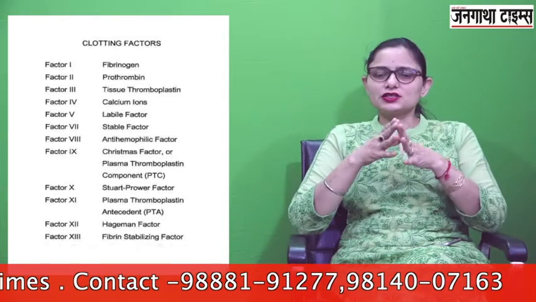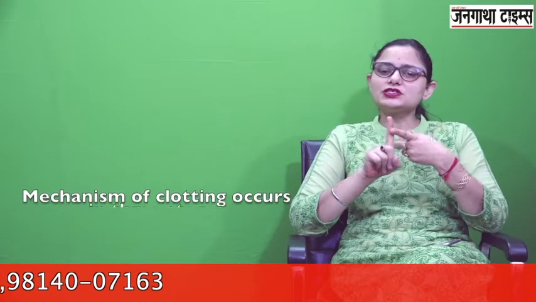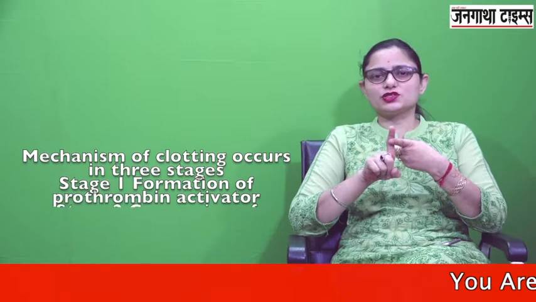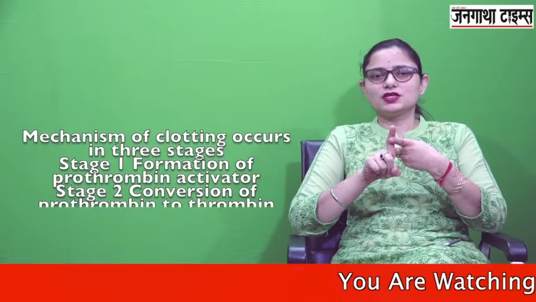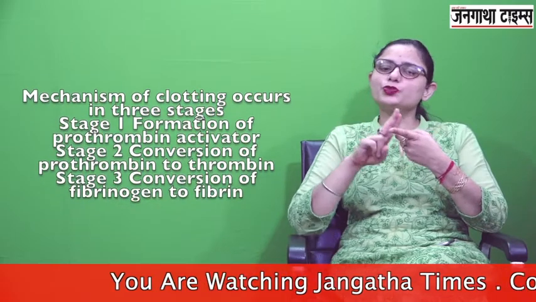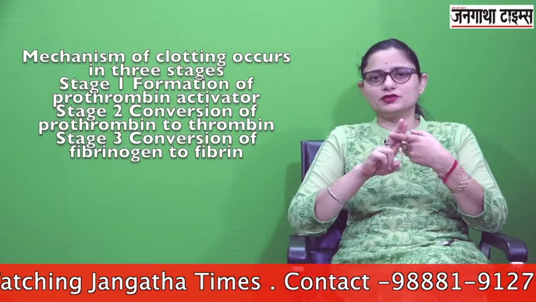Now this blood coagulation phase involves 3 stages. The first stage is the formation of prothrombin activator. In the second stage, prothrombin is converted to the active enzyme thrombin.